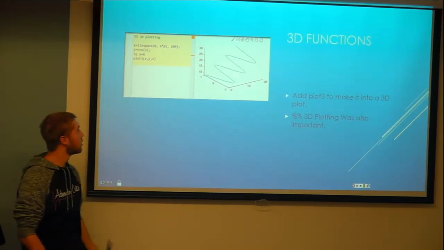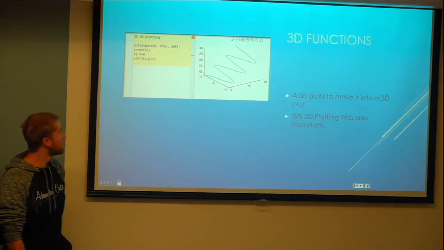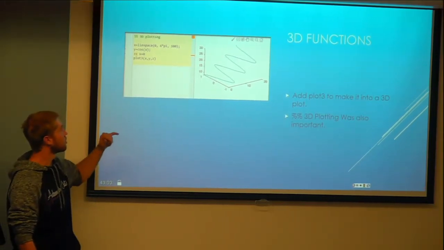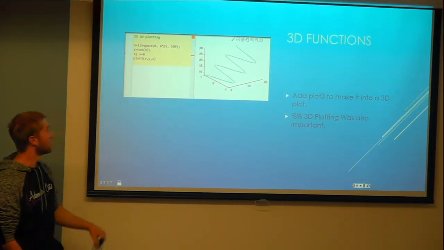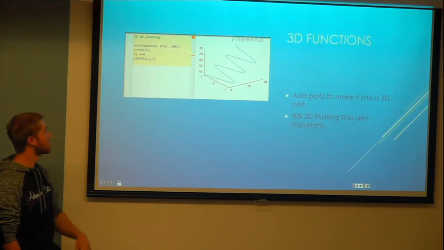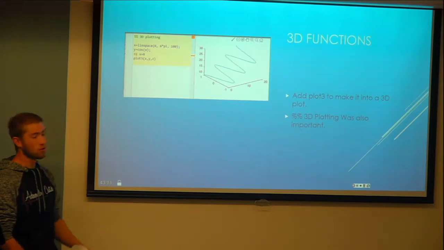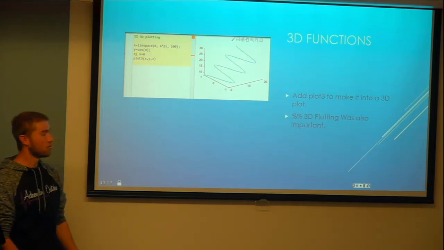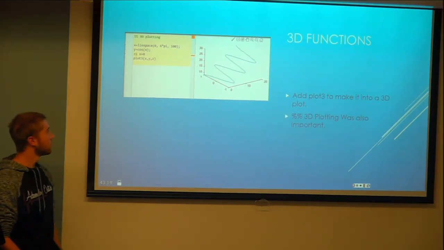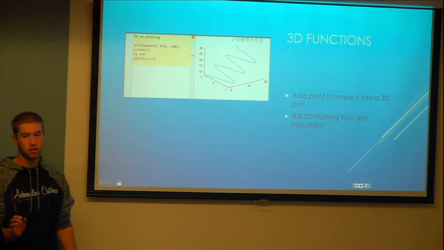For 3D functions, I found it was most useful to type your 3D plotting comment, and then again define your x, and then I just did cosine of x, and for your z you can pick anything that you want, and then just make sure to write plot3, and then your x, y, and z terms.